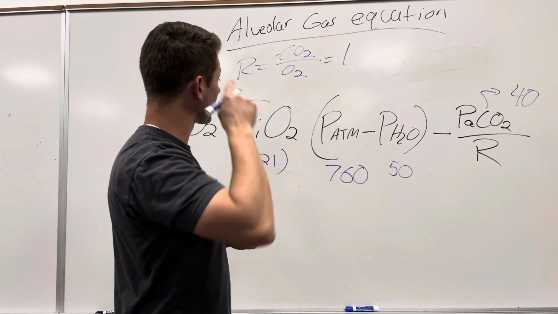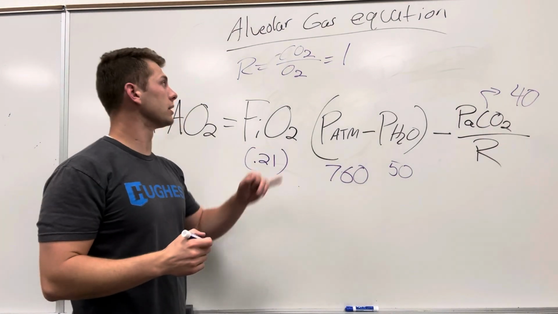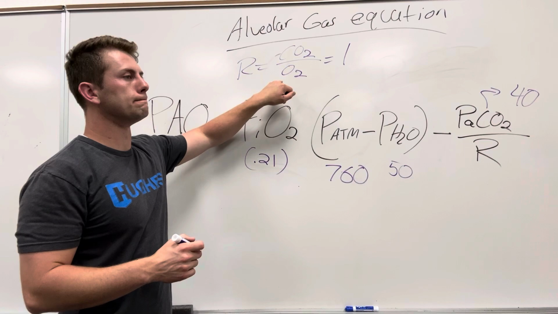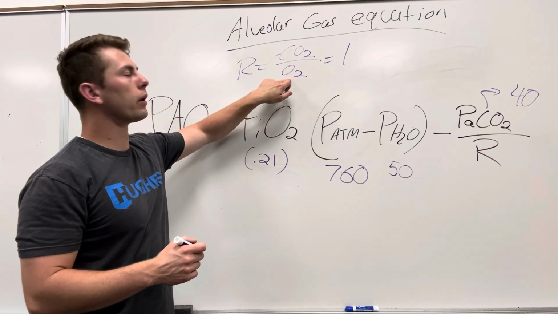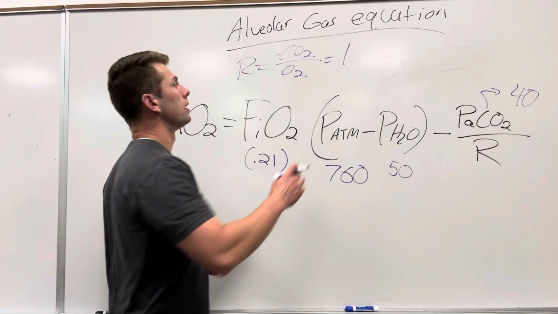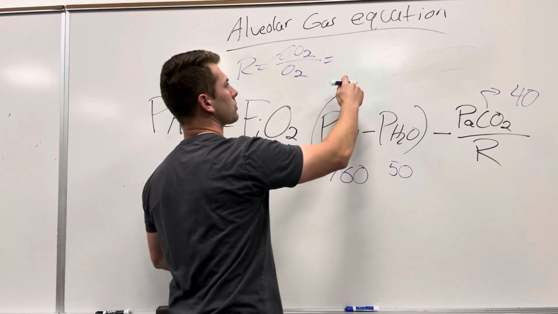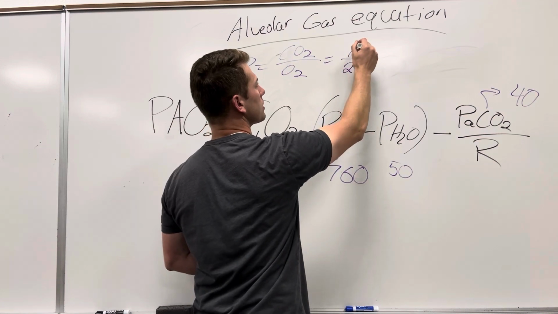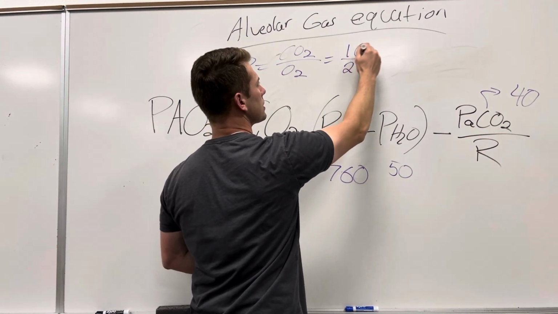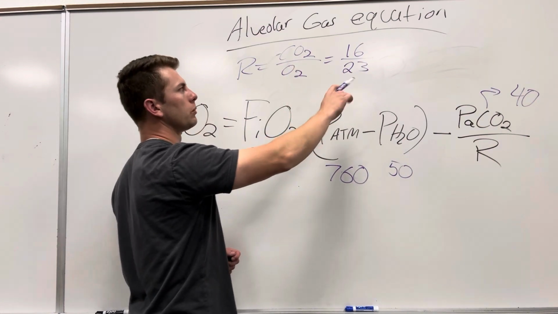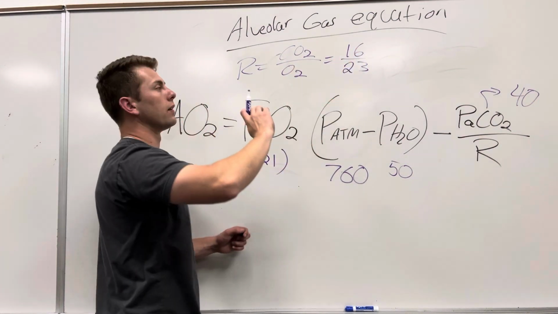But if we're talking about fats, it's a little different. We use more O2 than we get CO2 out. I think the actual equation is 23 over 16. So for the 23 molecules of O2 we put in, we get 16 CO2 out.